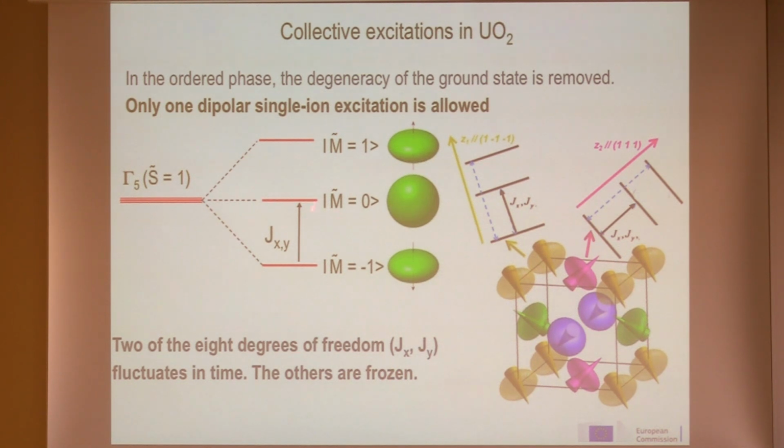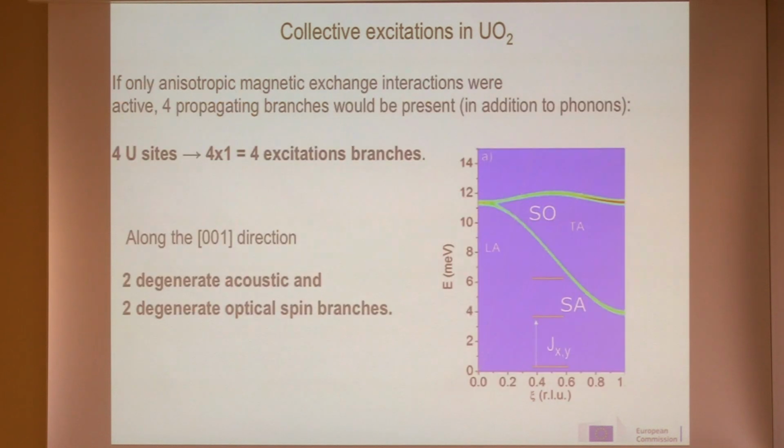If you have only one excitation and 4 sublattices, then you expect 4 excitation branches along the 001 direction: two degenerate spin acoustic branches and two degenerate spin optic branches, with the same energy, as I said, and this degenerate.